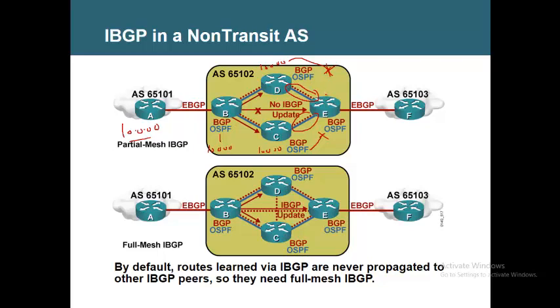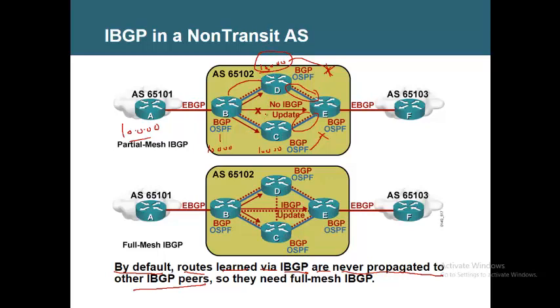Because that's the policy. You see here, by default, routes learned via IBGP are never propagated to other IBGP peers. Please try to understand this. Route learned via IBGP. How did the router learn about the network? It learned via IBGP.